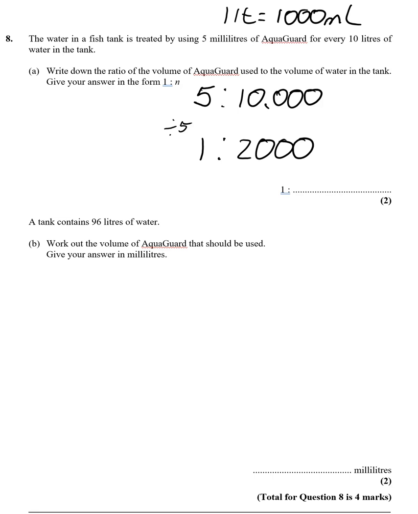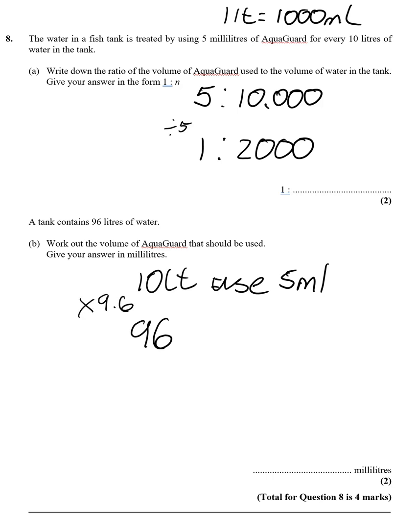Okay, so we've got 96 litres. So actually 10 litres gives us 5 millilitres. So what we need to do, if 10 litres needs 5 millilitres, 96 is basically 9.6 times 10.